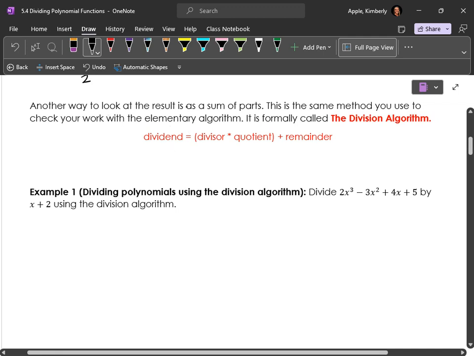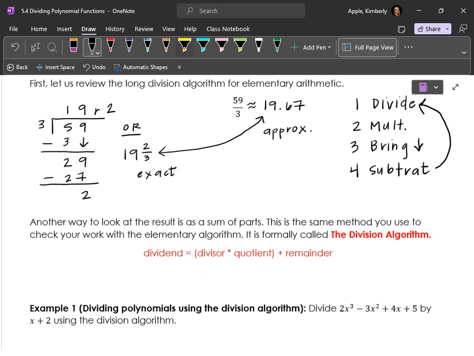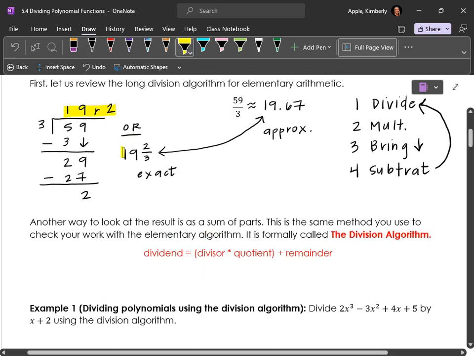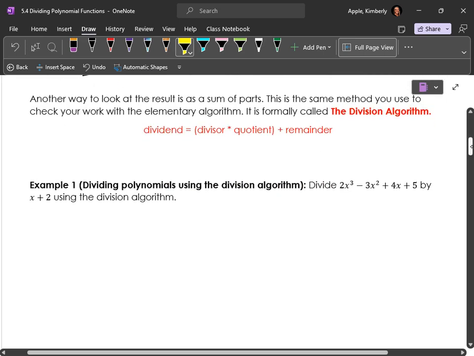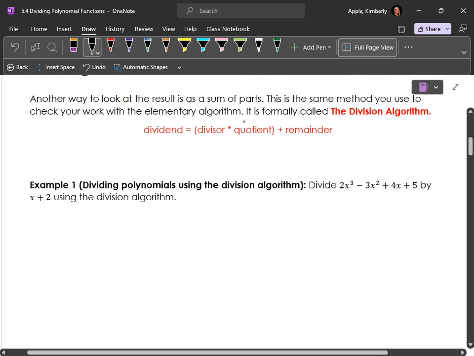Another way to look at this, instead of in this remainder format, is to write the result as a sum of parts. This is the same method you actually use to check your work with the elementary algorithm, and it's formally called the division algorithm.